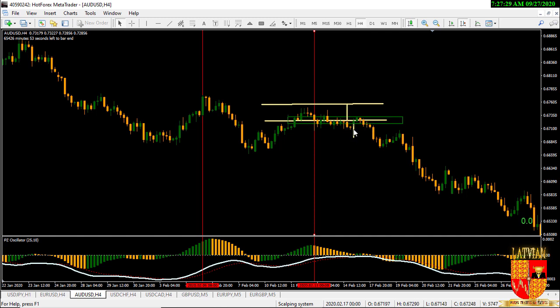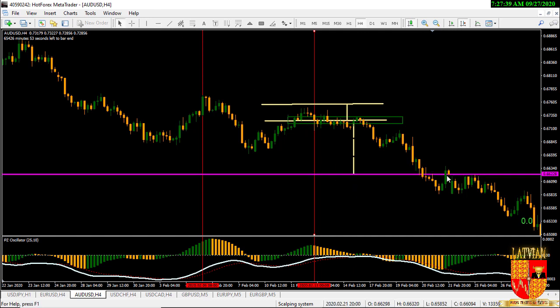So it would have been 1, and then 2, and then 3. Okay, so your exit should have been somewhere there. Okay, and it would have been reached right at that point over there.